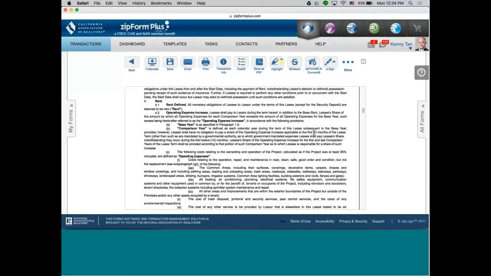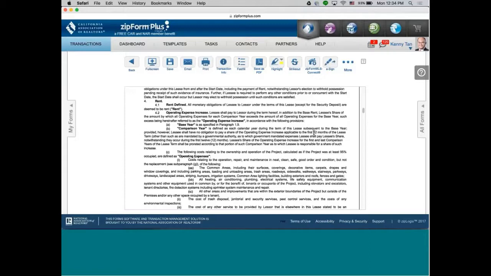If the increase is due to some governmental mandate, in other words, the government forces the landlord to do certain things that cause the operating expense to increase during the first 12 months of the lease, in that situation, the tenant shall be responsible for the tenant's share.